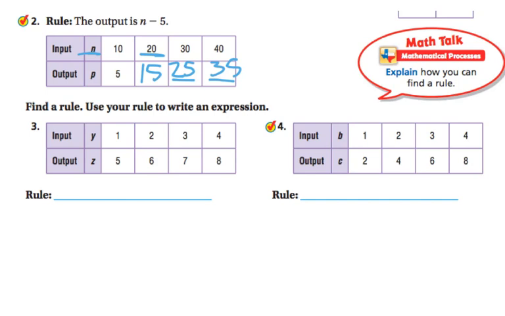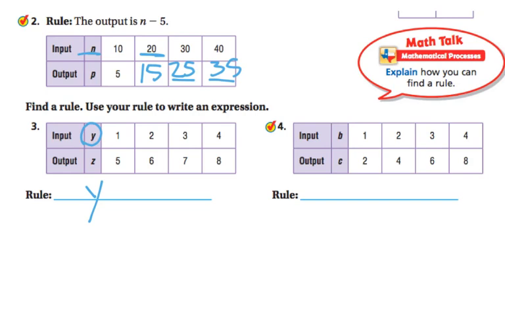Now for 3, they completed the input-output table, but we have to determine what is the rule. Now remember, when I think of my rule, I'm going to use my variable, which in this case is a y. So something's going to happen to my y. So in the first one, I started with a 1 and I ended with 5.